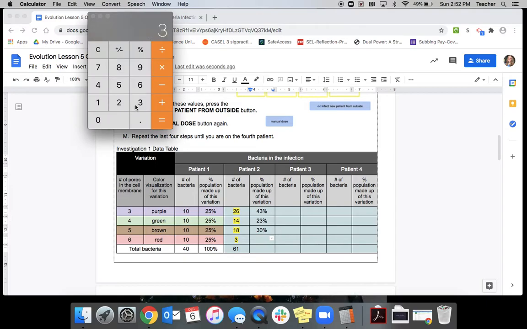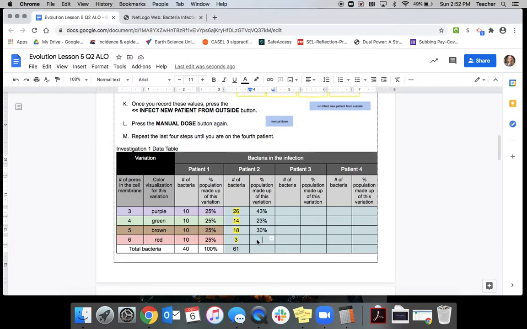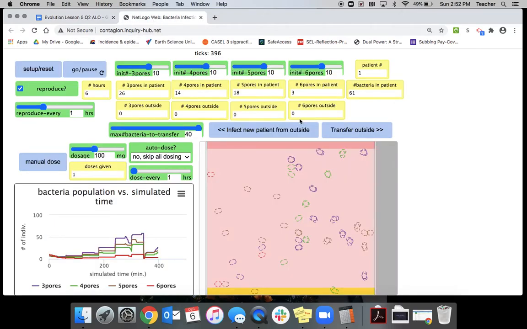And 3 divided by 61 is about 5%. So we should be able to add those up to be about 100%. And then I'm going to go ahead and run the next round of my simulation.